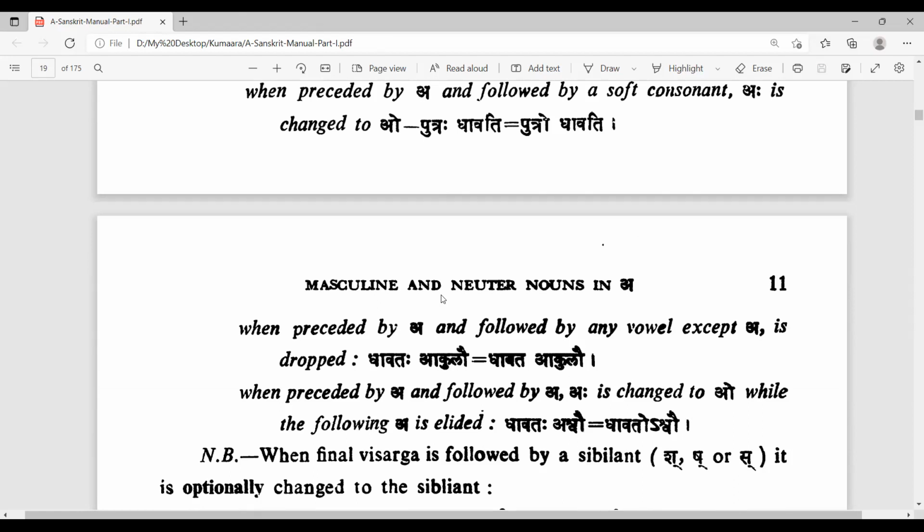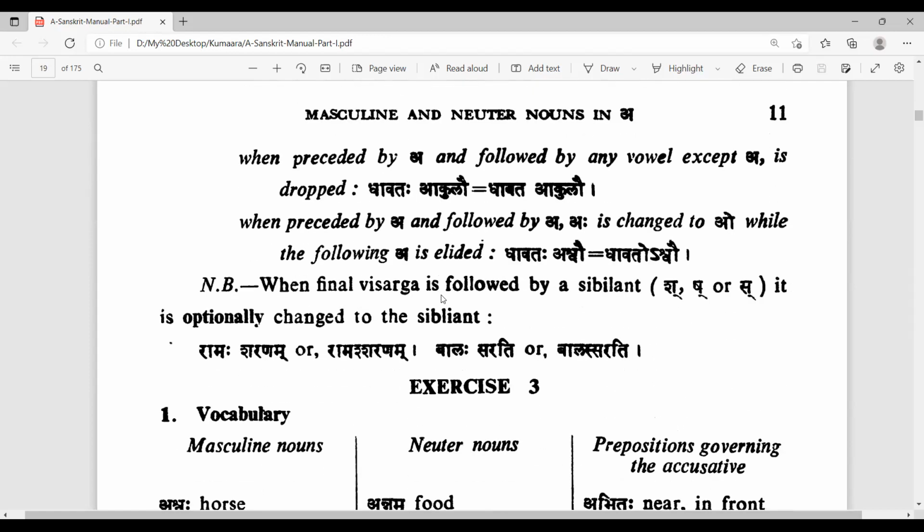Yakara drops optionally when a vowel follows, mandatorily when a consonant follows. When preceded by A and followed by A, then Ukara will come and then Guna will happen, and then Purvarupa will happen.